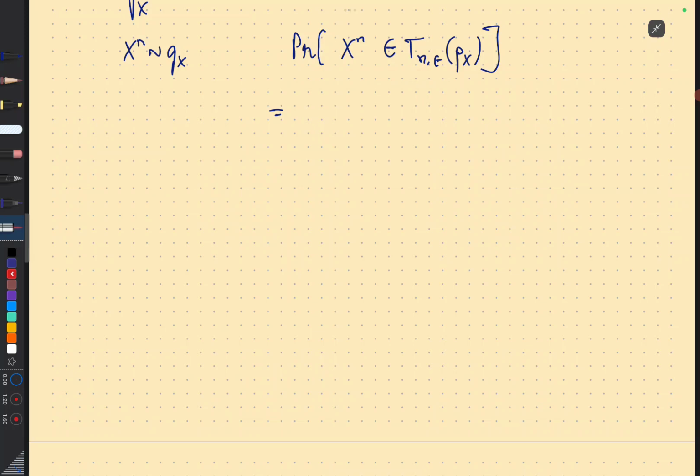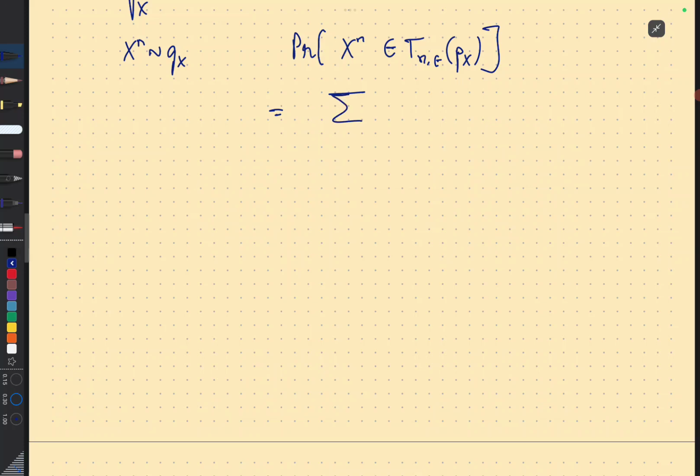Yeah? Well, you're hinting at what the final solution should be, but let's go step by step. How would you start analyzing this particular quantity? What would be the first step? Yeah? Okay. Very good.